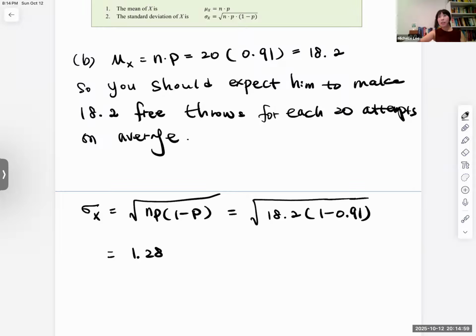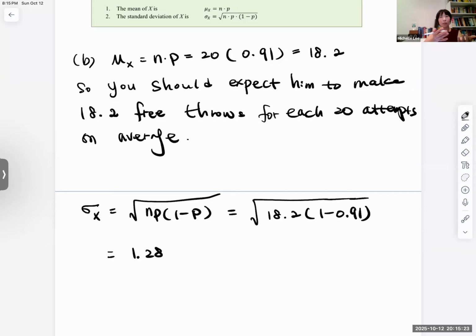That means he generally makes 1.28 more or fewer. So we can say about 17, about 18, or about 19, with 1.28. Yeah, it's less than 1.5, right? So we can say 17 or 18 or 19 because of 1.28.